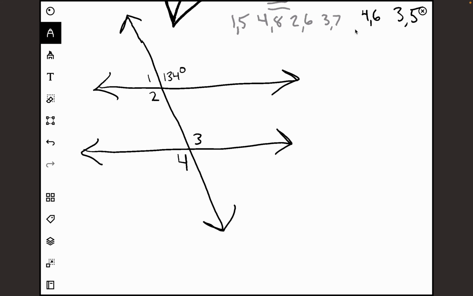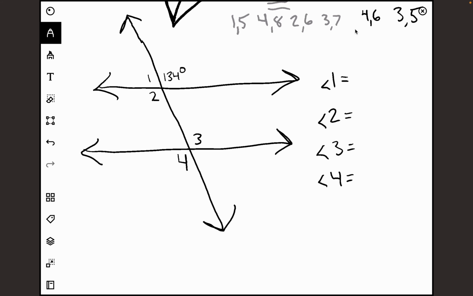Okay, let's look at this example right here. I give you one of the angle values, and what we need to do is find angles 1, 2, 3, and 4. Let's start with angle 1. Cooper, how can we solve for angle 1?